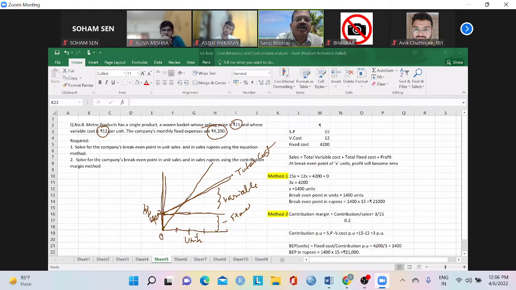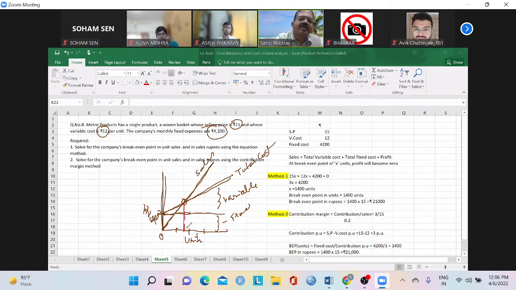So at a particular point, if my selling price is more than the variable cost, the sales line will cross the total cost line. This is the point where your sales and cost are the same. You can get this point here like this.